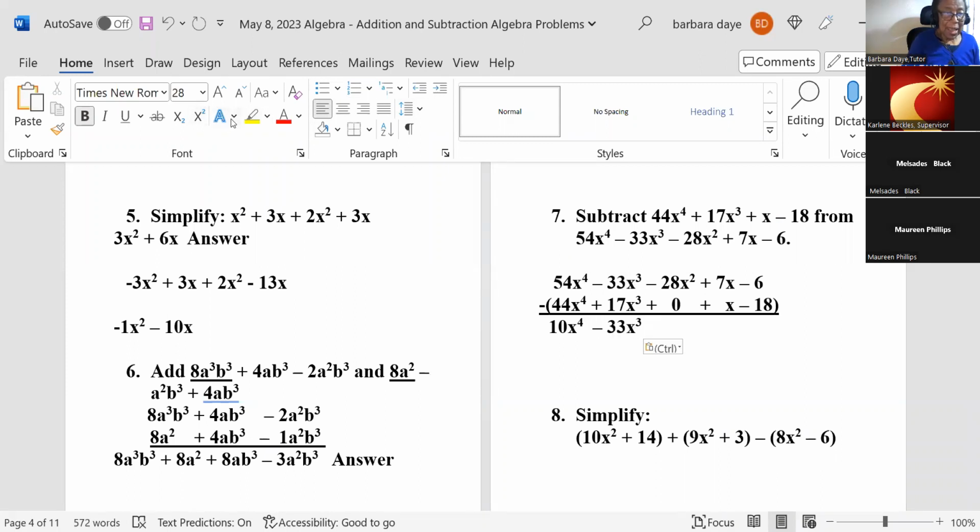Okay, so that'd be a minus 50x to the third. So let's change that coefficient. Okay, now the 28x to the second did not appear here, so a minus and a plus just give you a minus. So we just bring that down, right? Okay, so let's just put that there.